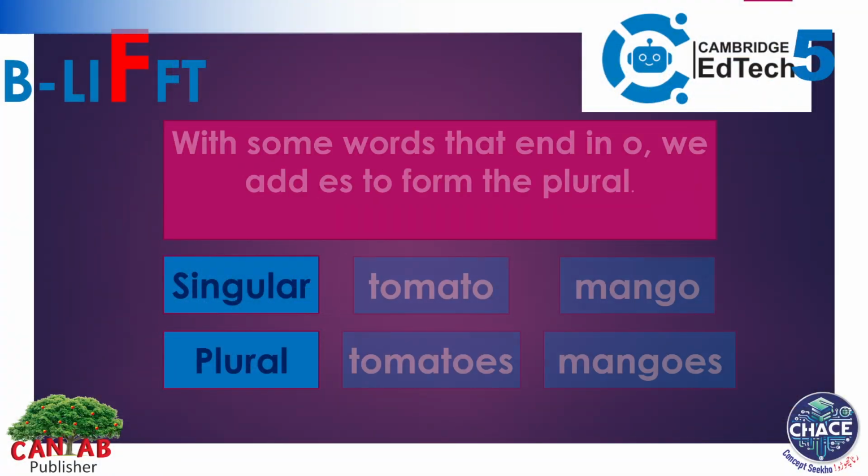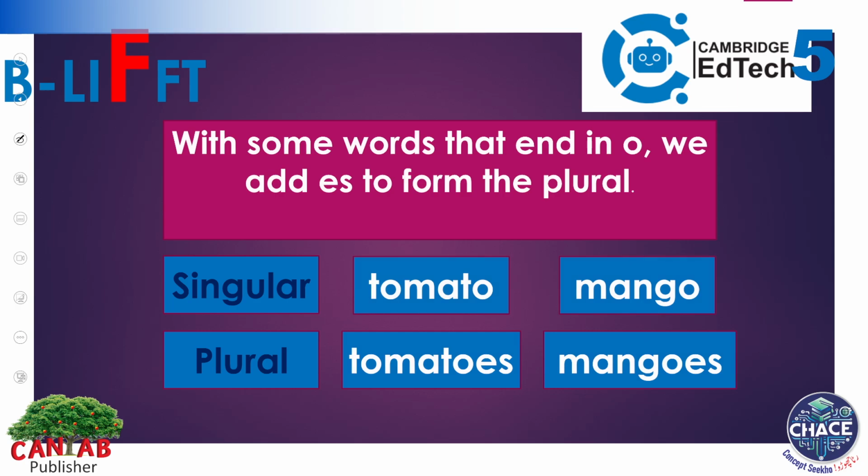But in other examples, they do not follow the same rule. They follow a different rule. In this case, you have to add es at the end of the word which ends with the letter o. For example, singular is tomato and the plural of tomato is tomatoes, and then you have to add es. Same goes for the mango.